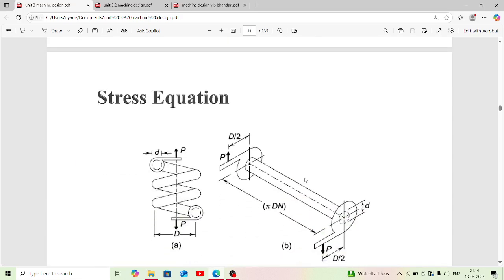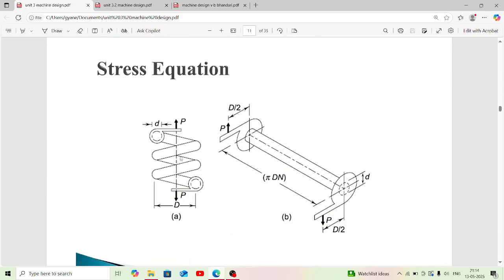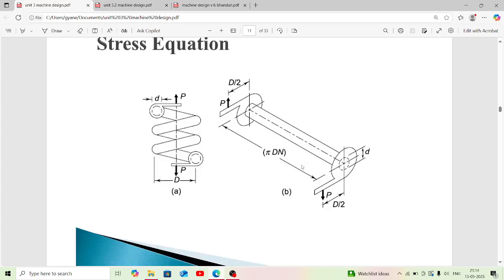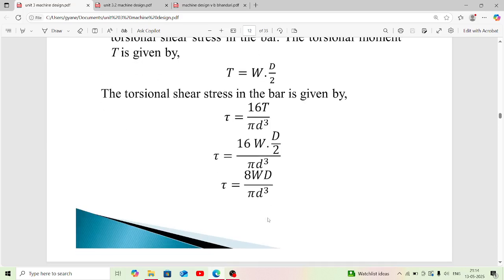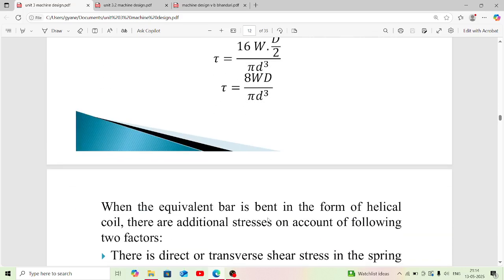This is the diagram for the spring, and we see the stress equation. If you open the spring, it looks like a straight member, and after that we apply the torsion equation and calculate the shear stress distribution in a spring.